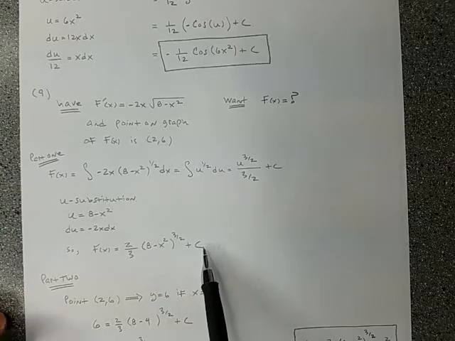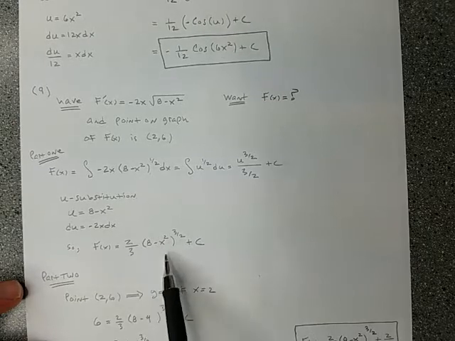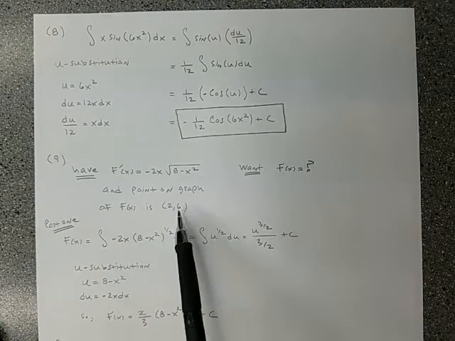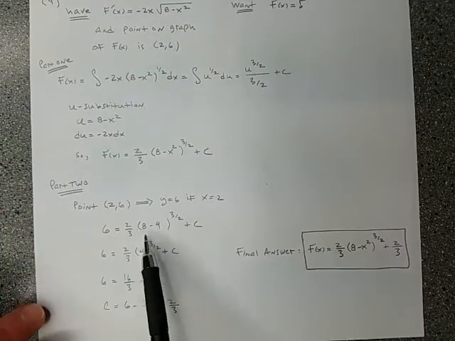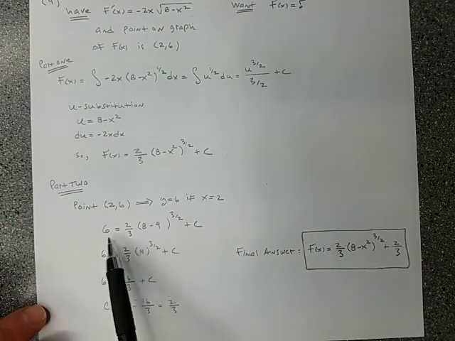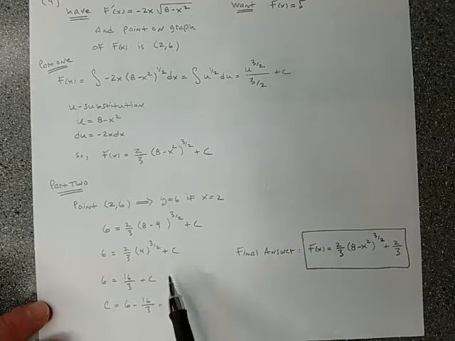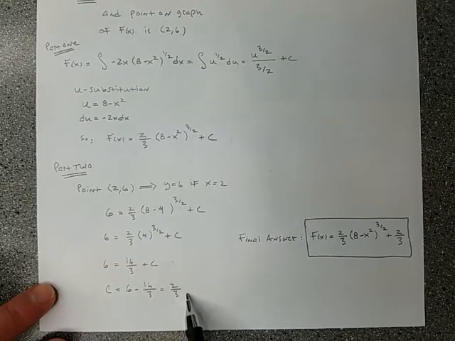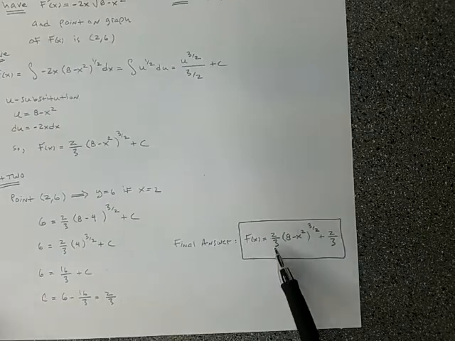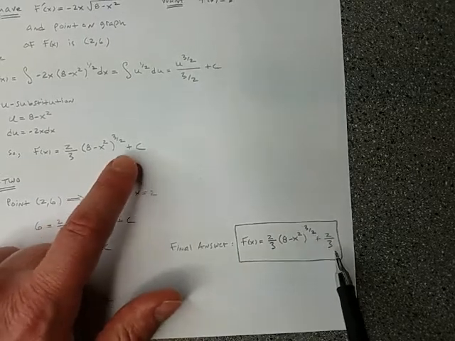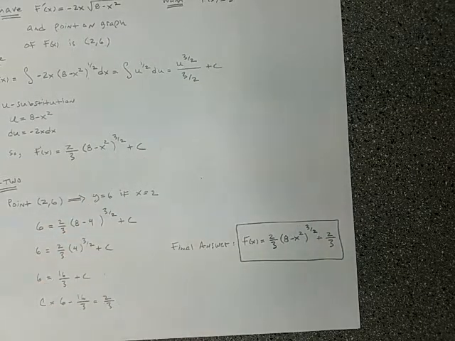Now I know about this function f that if you put 2 for x, you get 6 for y. So I'll put 2 for x, get 6 for y, and solve for that constant of integration. So solve, solve, solve, it ends up being 2/3. Final answer then: 2/3 times 8 minus x squared to the 3/2 power, plus c, where c ends up being 2/3.